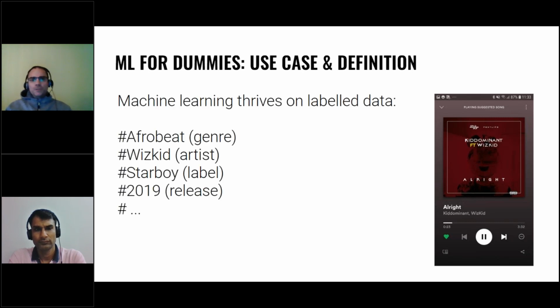So what they do is they're essentially using machine learning to make sense of labeled data. Machine learning has not any awareness whatsoever of the music that I'm listening to, but it actually is very much aware of the tags.